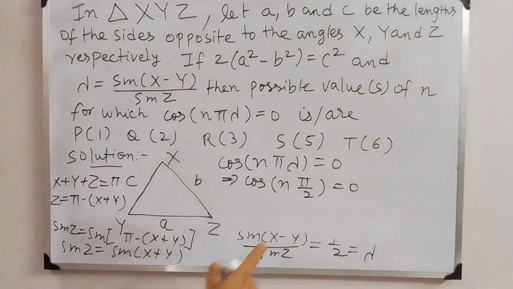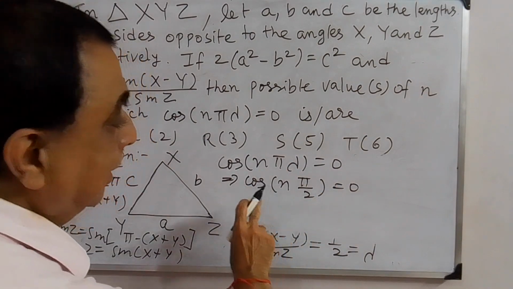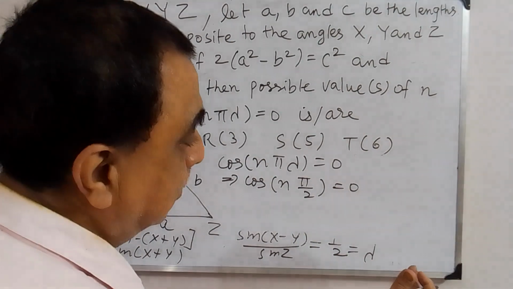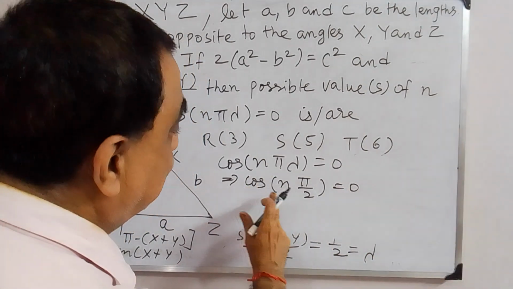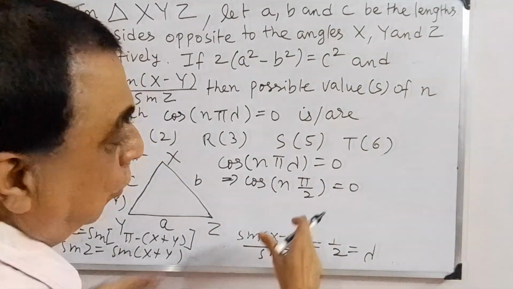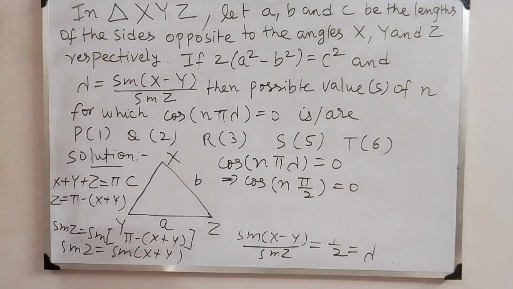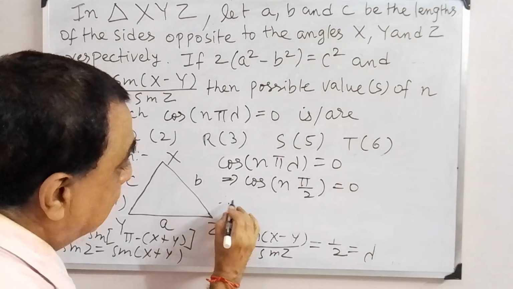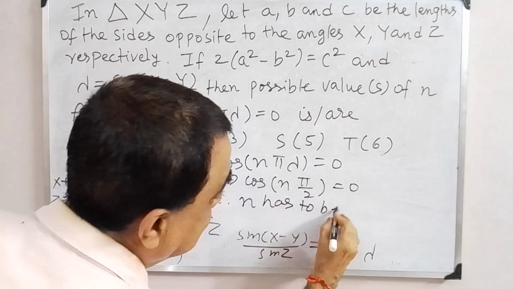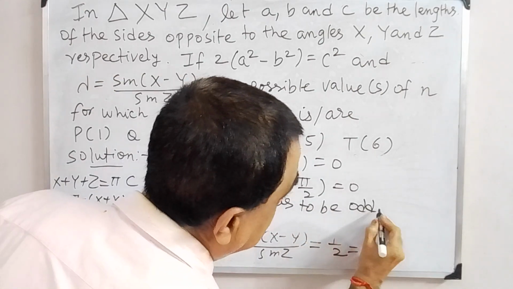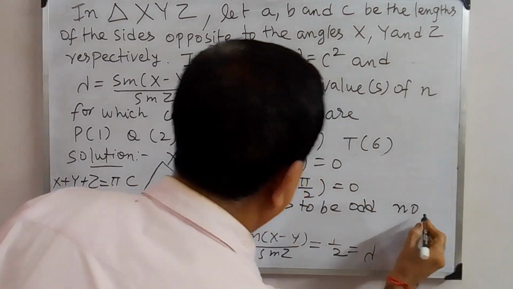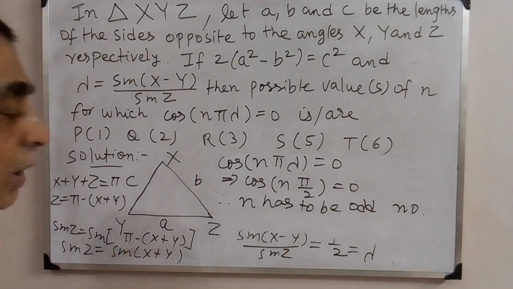If n is an even multiple of 90, then the cos value will be either plus 1 or minus 1, not equal to 0. So n has to be an odd multiple of 90. Because pi by 2 is 90, n has to be an odd number.